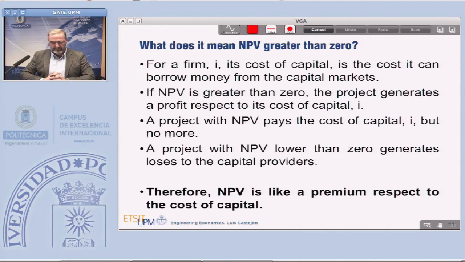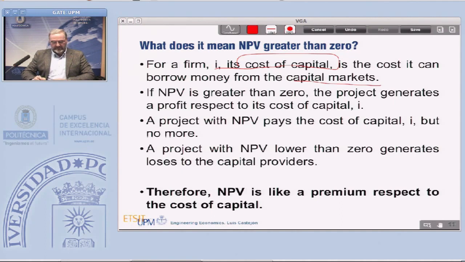For a firm, for a company, the interest rate is the cost of capital. This cost of capital is the cost at which this firm can borrow money from the capital market. This is one of the most important concepts of this lecture: the interest rate, the cost of capital, is the cost of money for this company to borrow from the capital markets.